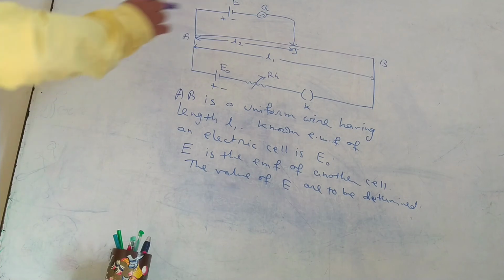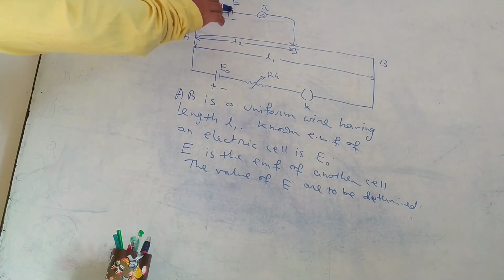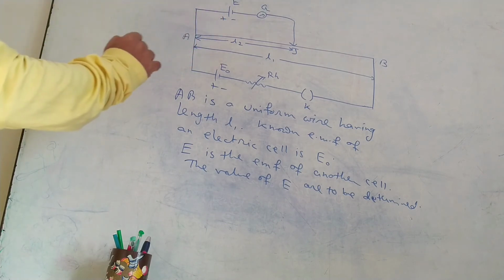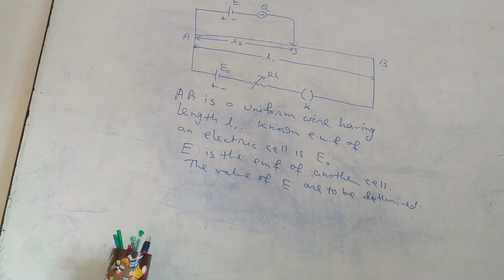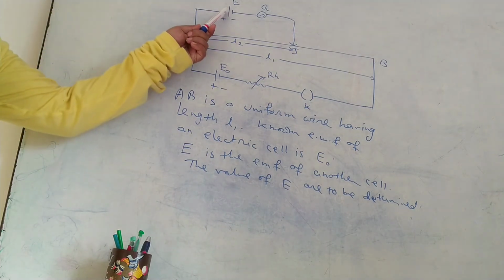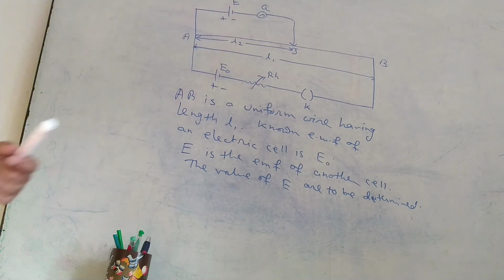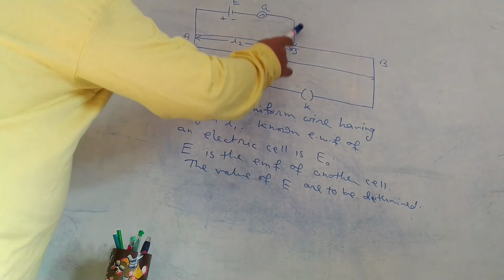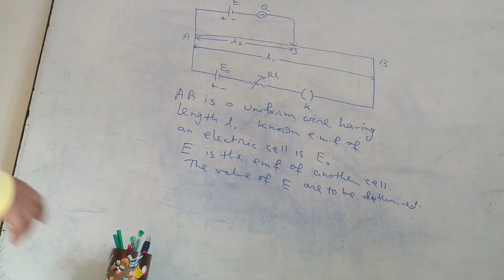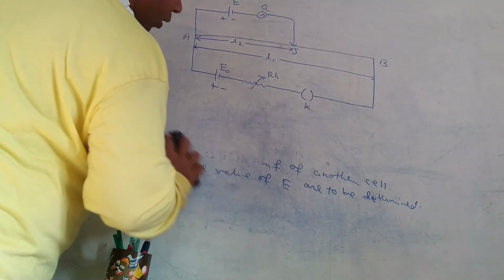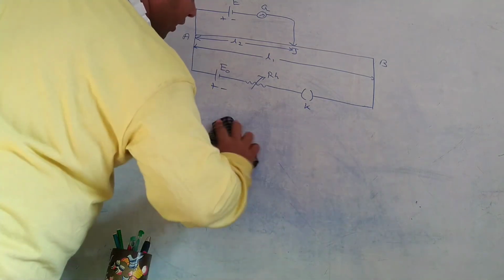In this case, the unknown cell, or the second cell, is also connected parallel with E0, that is, the positive pole of the cell is connected with A and the negative pole is connected with a galvanometer G, and the galvanometer is connected with a jockey J. You know that by potentiometer we can find out the EMF of a cell.